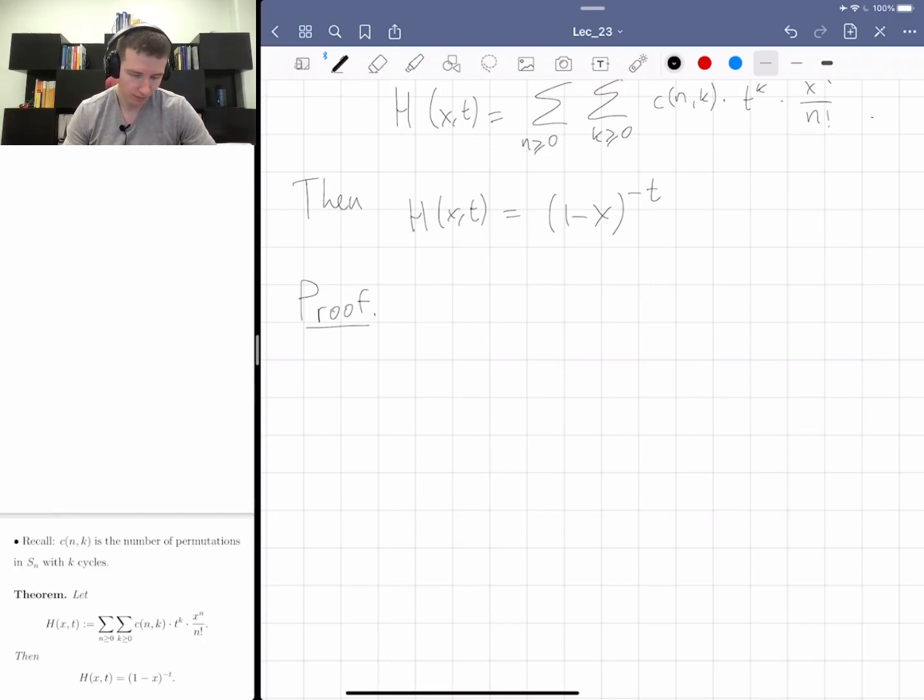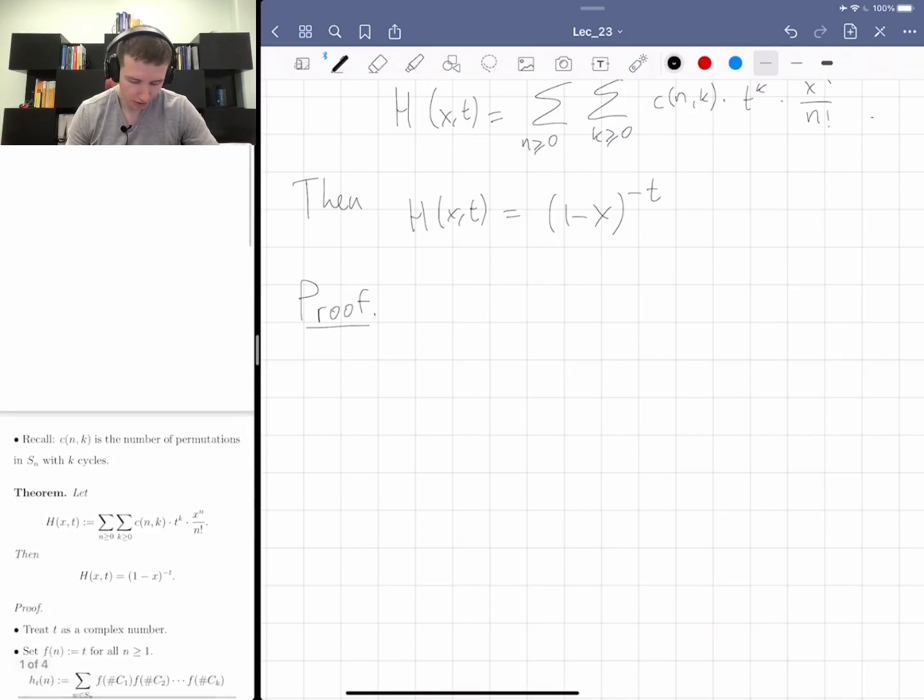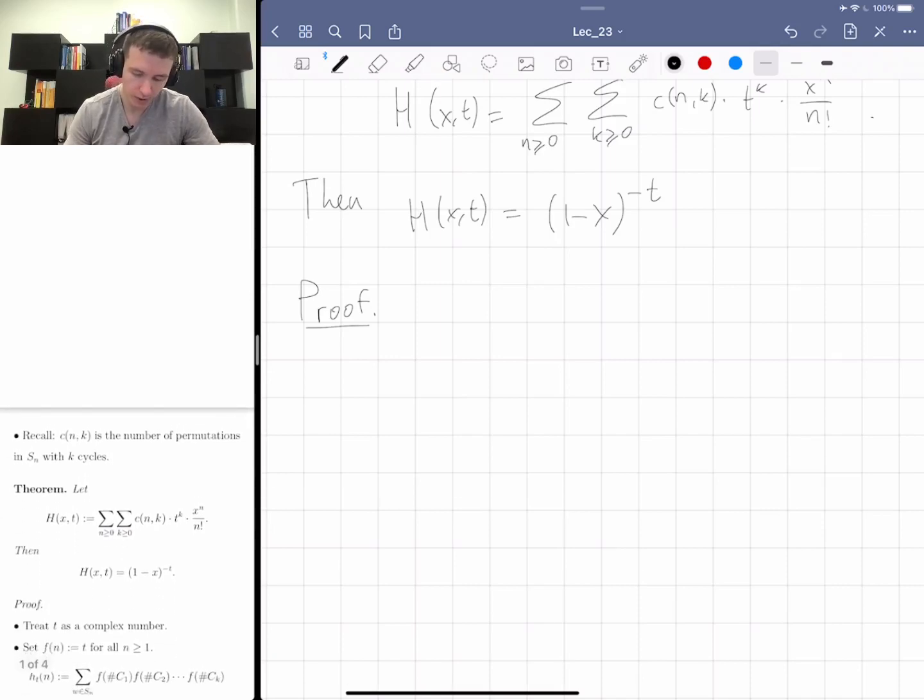So basically, I'm going to apply the exponential formula. And I'm going to be slightly non-rigorous here. So here's what I'm going to do. I'm going to consider a sequence f(n), which is equal to 0 for n equals 0, and equal to t for n greater than or equal to 1.